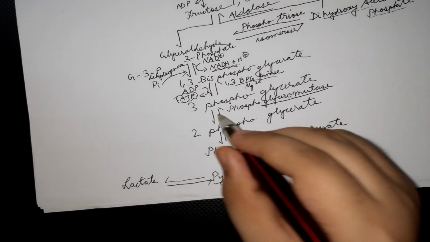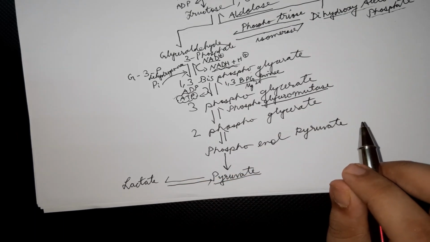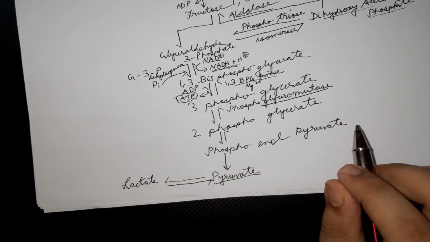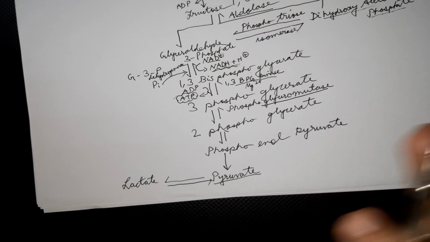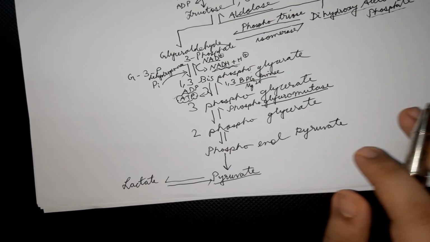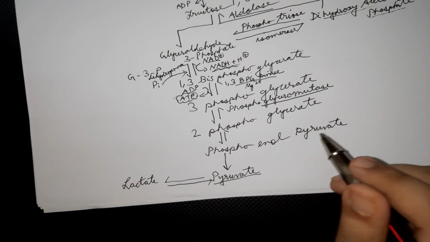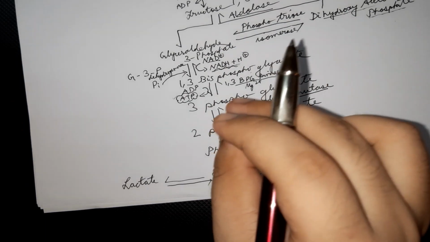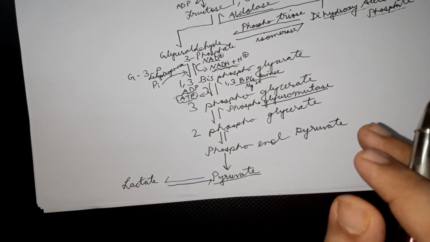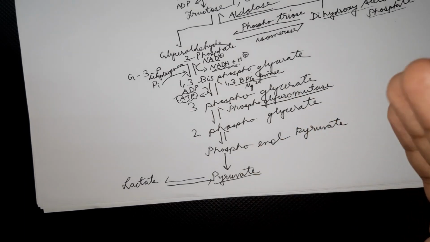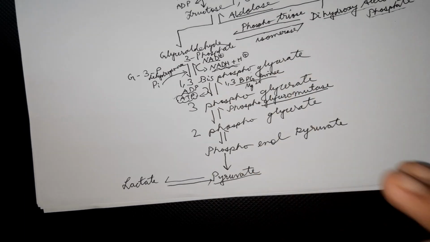What that means is that 3-phosphoglycerate and 2-phosphoglycerate are not isomers as such, right? They differ in the phosphate arrangement. So it's not a phosphoglyceroisomerase but a phosphoglyceromutase, which will just change the position of the phosphate, from the 3rd carbon to the 2nd carbon.